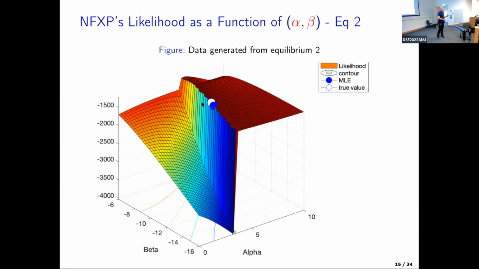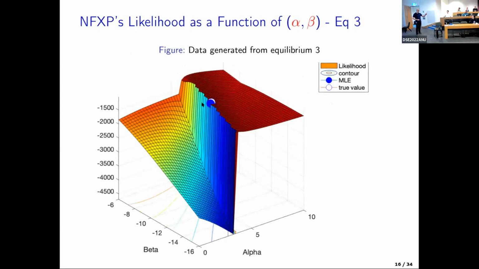So you get the same issue for equilibrium 3? Yes, we do. Okay, because it's knocking out not only equilibrium 1, but also equilibrium 2, the unstable one, but also equilibrium number 3. Okay.